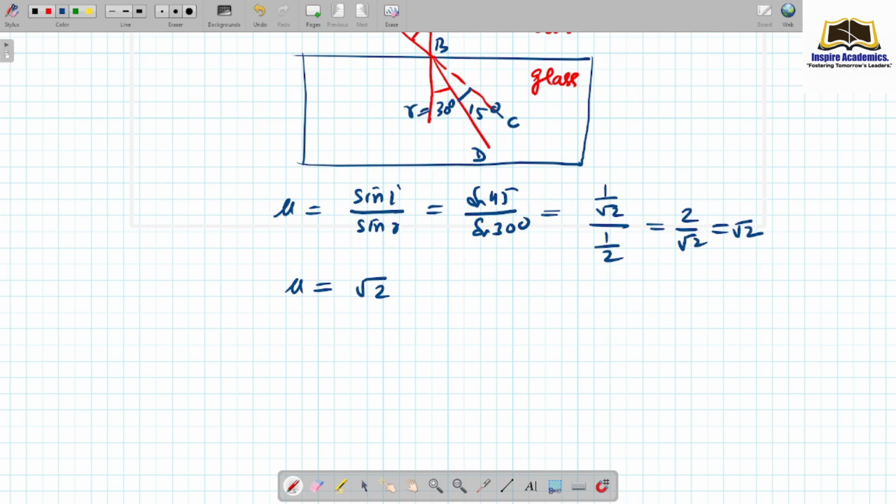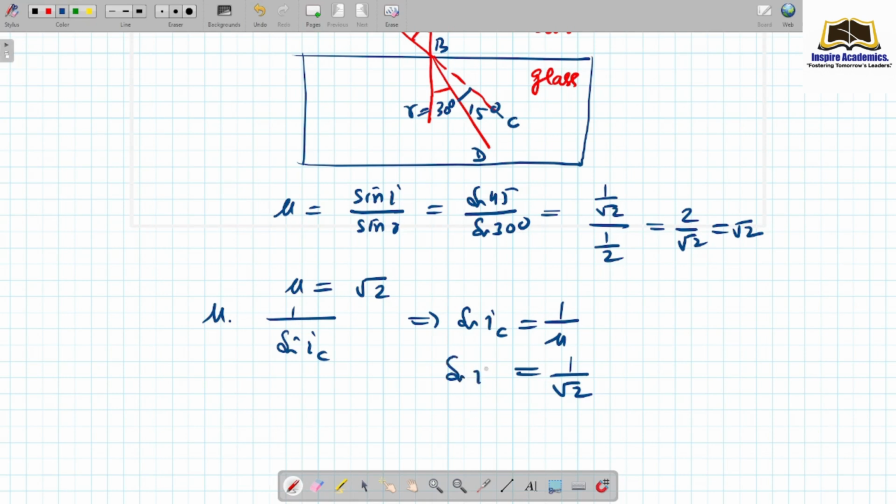Got it? Now what will be my sin IC? We have just seen the relation. Mu was 1 upon sin IC. Do you remember? 1 upon sin IC is mu. Therefore sin IC is 1 upon mu, so 1 upon root 2. If sin IC is 1 upon root 2, what is your IC? IC is simply 45 degree.